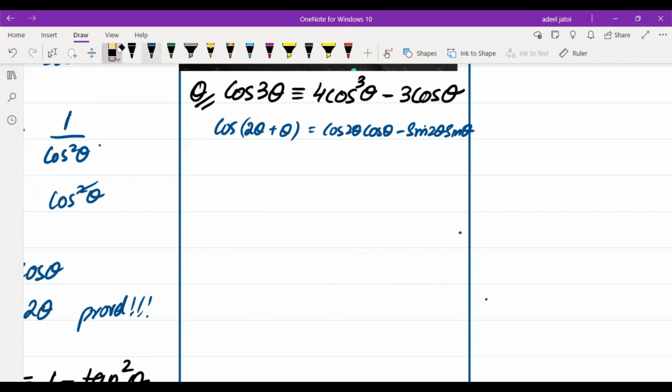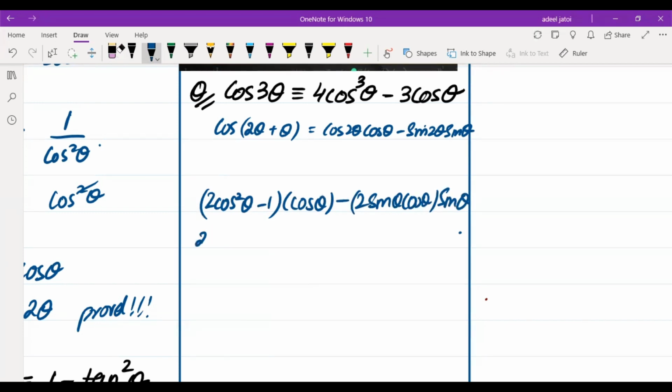Considering this will be 2 cos square theta minus 1, and this should be times cos theta minus 2 sin theta cos theta multiplied by sin theta.